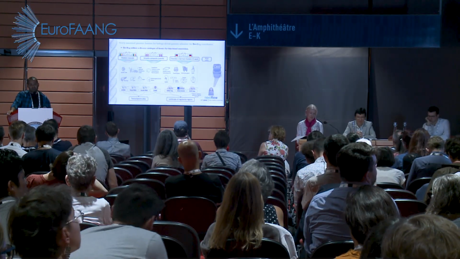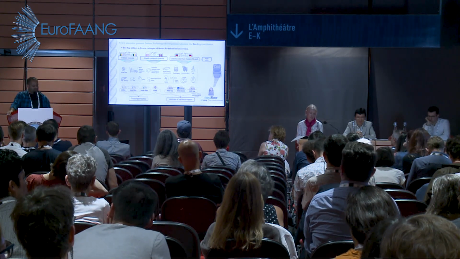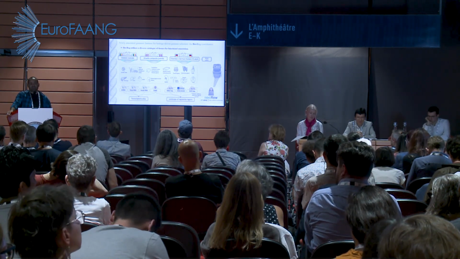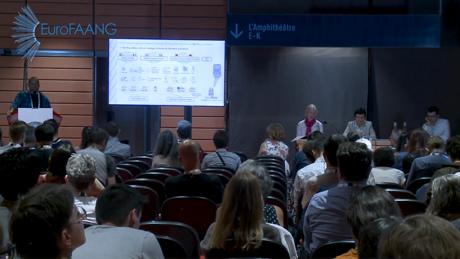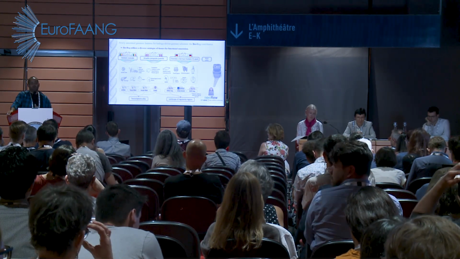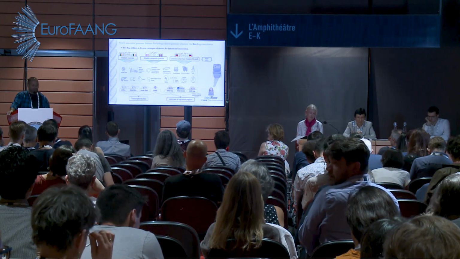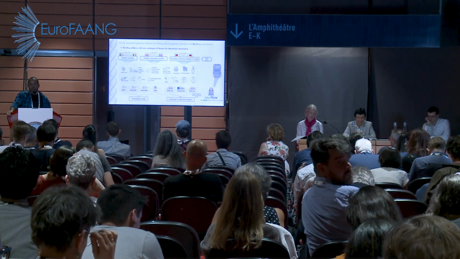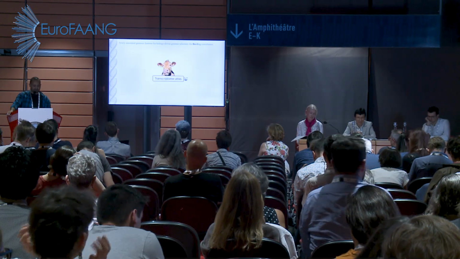It's important to mention that whenever you see the ULiège symbol, it means that all the samples were processed and all the assays were produced by the same person in the same lab, to reduce the bias in the data generation.